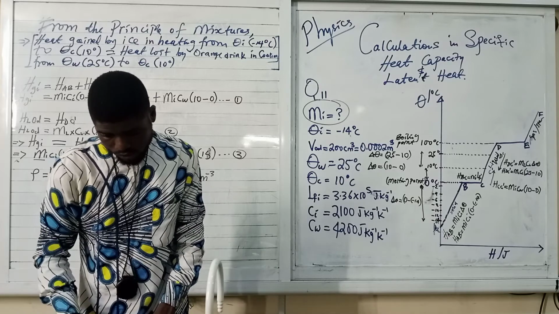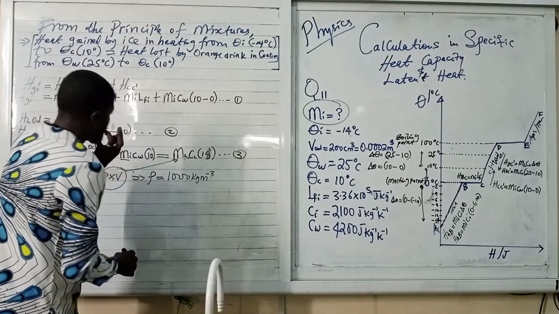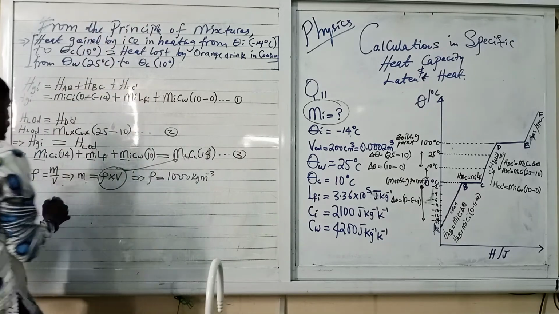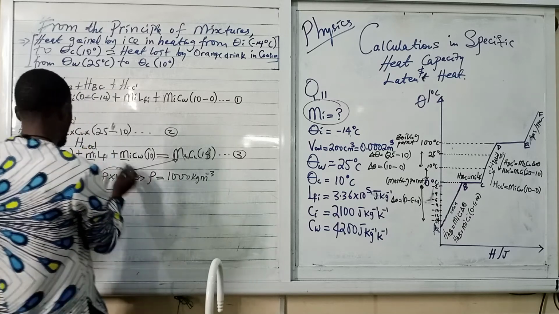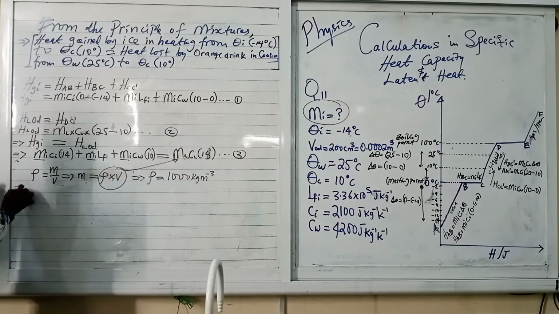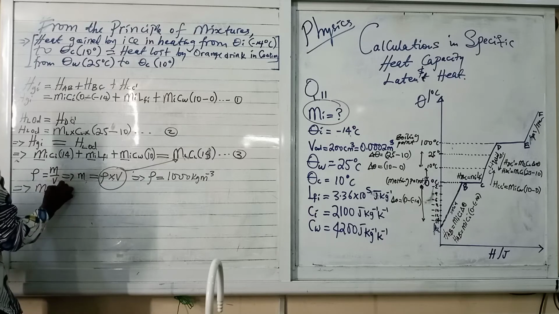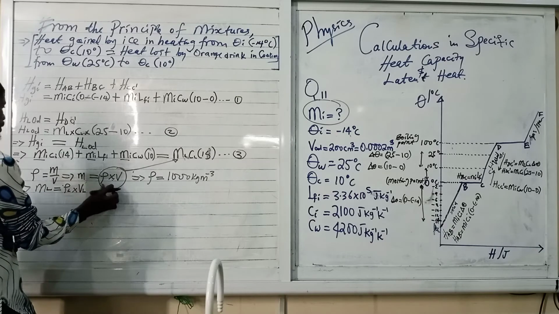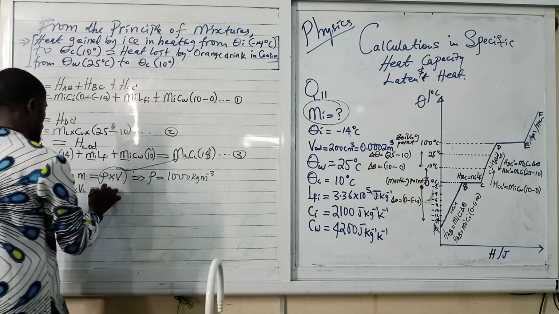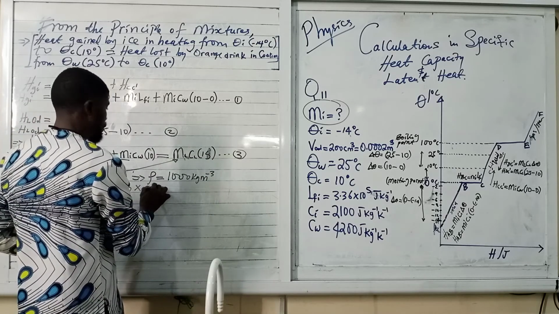Yes, I was correct, 1,000 kilogram per meter cube. So we are going to substitute the whole of this here. So the mass of liquid is equal to density of liquid times volume of liquid, which is the same thing as 1,000 times 0.0002.